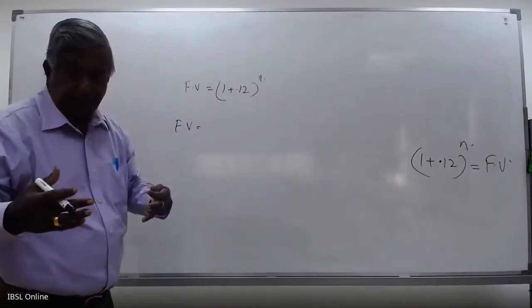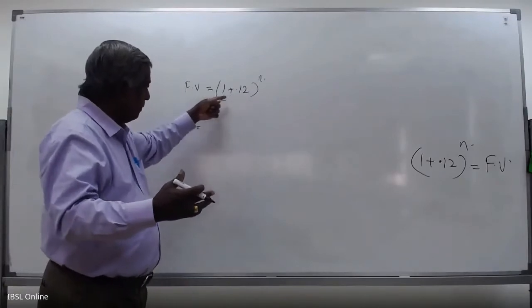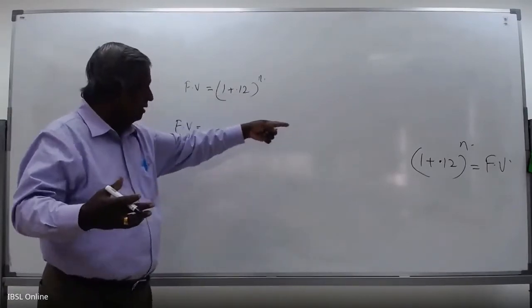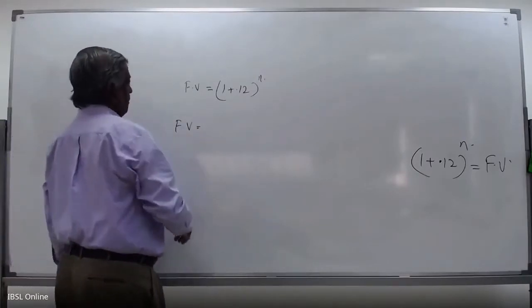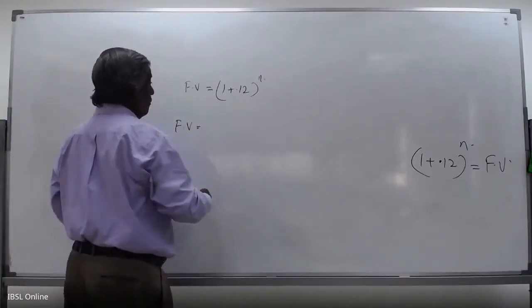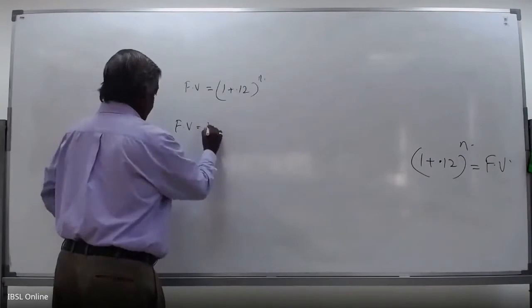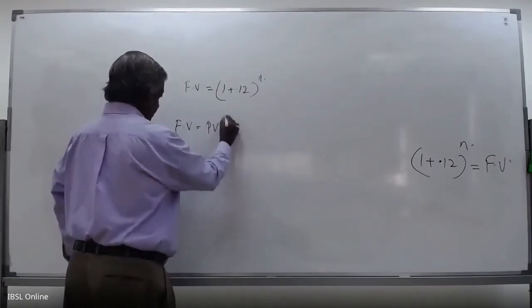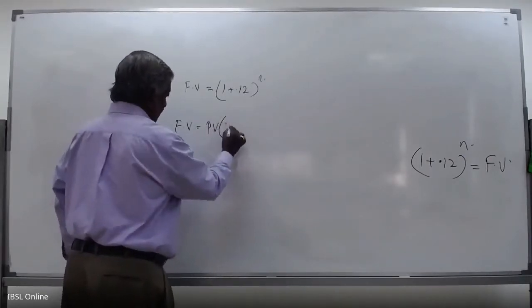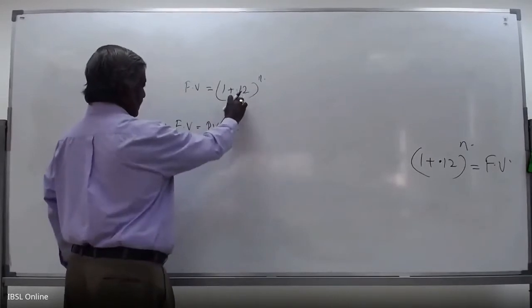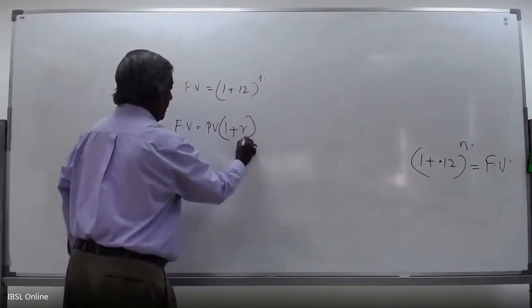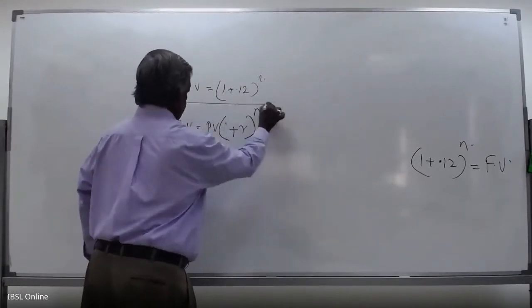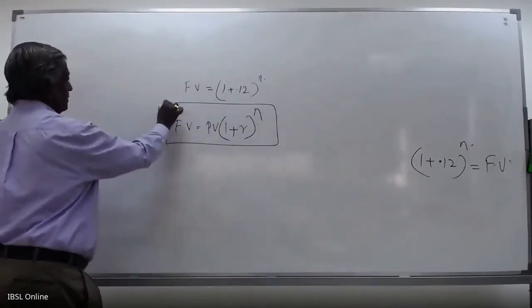So future value is equal to what you are investing today, the present value, into 1 plus the interest rate in decimal, which we call R, to the power N. This is the formula.